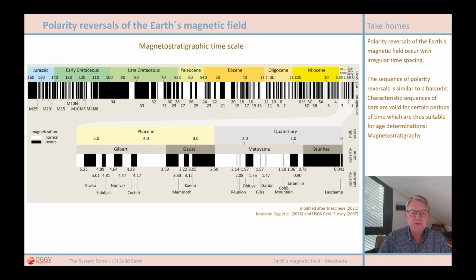There have been around 70 polarity reversals over the last 40 million years alone, but there are also quiet phases, such as in the Cretaceous period, where there was no polarity reversal at all over a period of 20 million years. These polarity reversals are ultimately responsible for the formation of the magnetic stripe pattern in the oceanic crust. I'll explain this in more detail, how it was discovered and how it works in the next video.